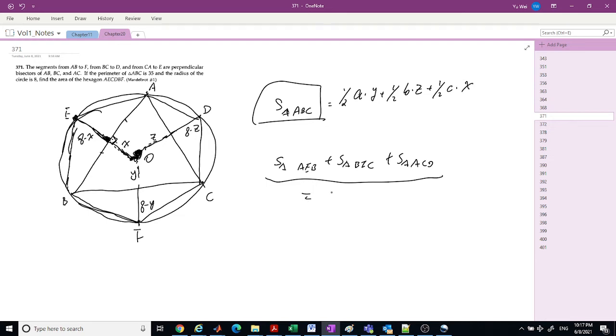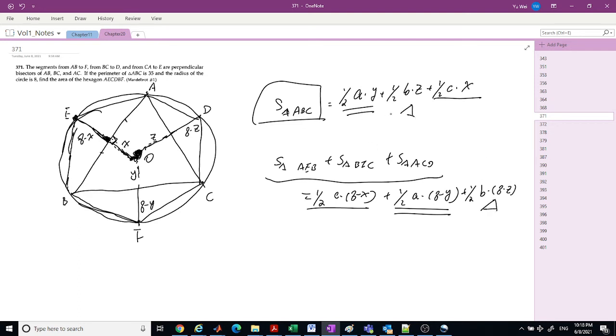This one we can see is half of C times 8 minus x. This part, plus half of BFC, is A times 8 minus y. Then plus half of B times 8 minus z.